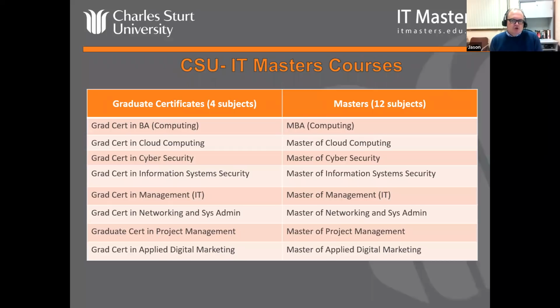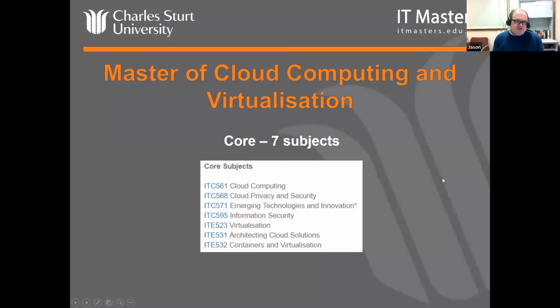And if you wanted to move into the masters, you carry the 4 subjects across as credit, and then you would have only 8 subjects to do in the Master of Cloud Computing. So 2 awards for 12 subjects, and it allows that master's pathway without an undergraduate degree based on your experience. So it's a compelling proposition, and one that many industry professionals have followed throughout the years.